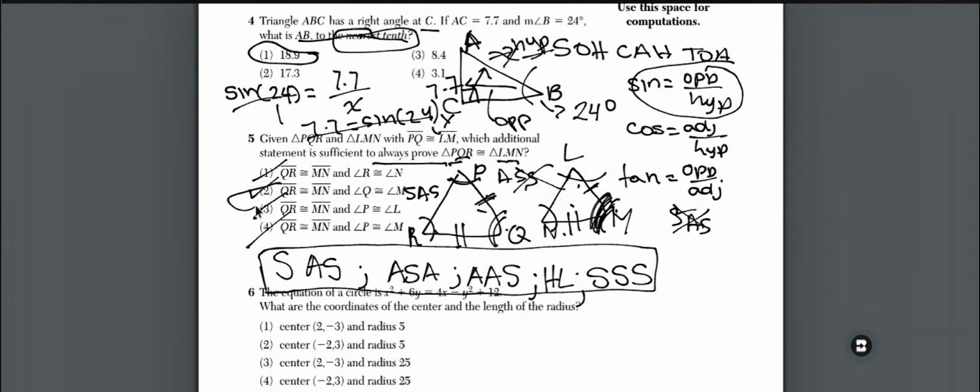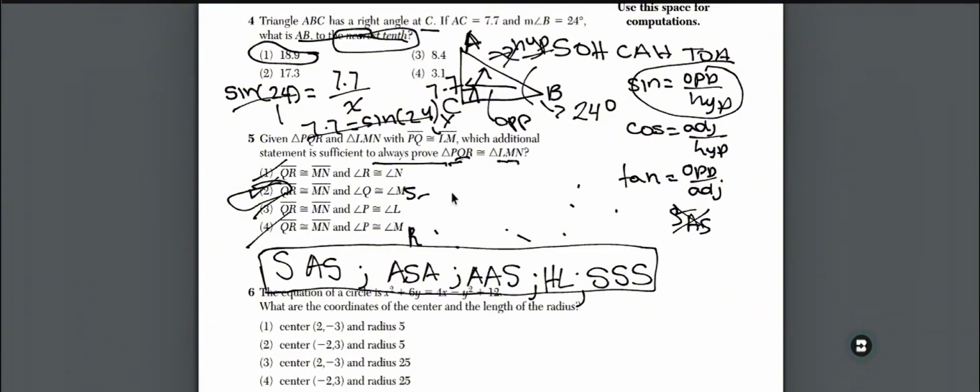So for question number 5, my answer choice is going to be 2 because I examined my triangles. I'm going to simplify the triangles a little bit more for you guys to draw them out again to eliminate any confusion.